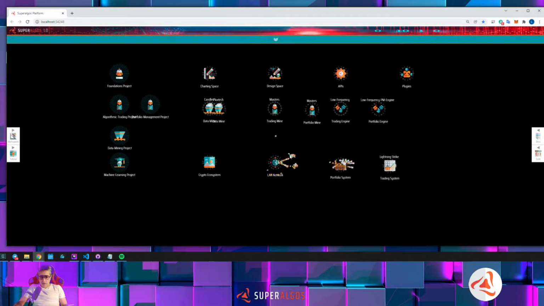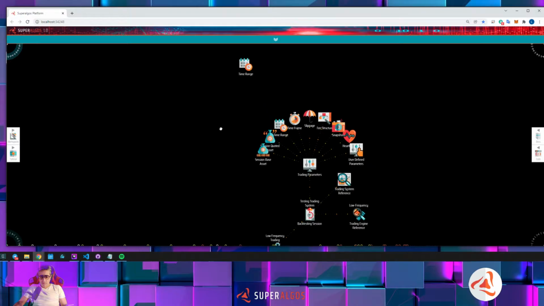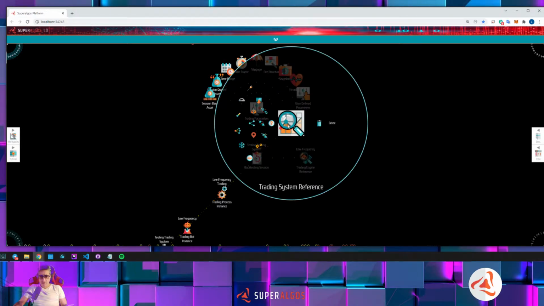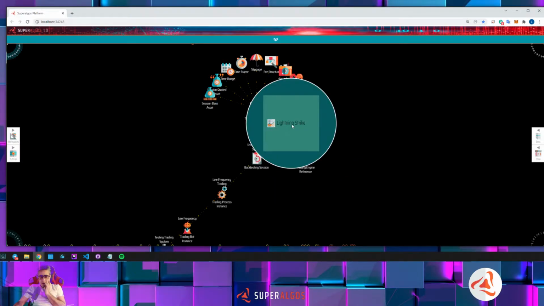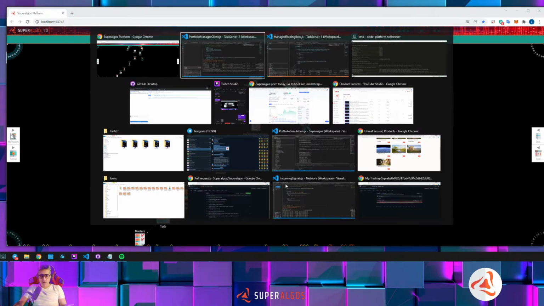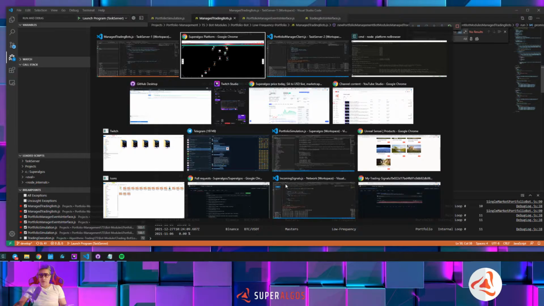So at the trading bot, at the trading system reference, we will break the reference it used to have and we will connect it to lightning strike.